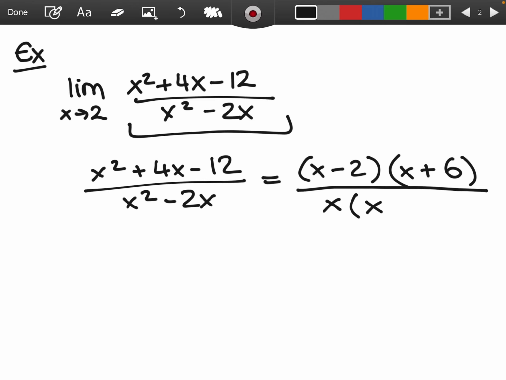And then on my denominator, I see that I've got an x that is common to both terms, and then an x minus 2. I have an x minus 2 on top and bottom. So I'm going to cancel those out to leave me with x plus 6 over x.